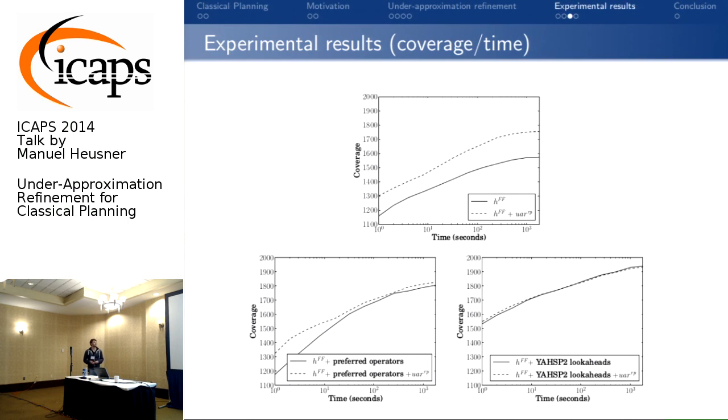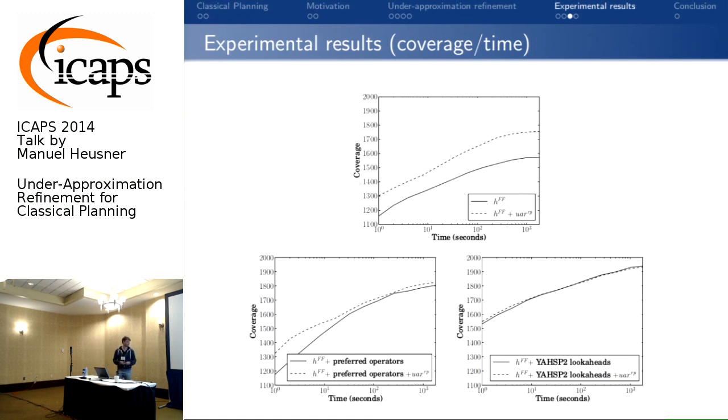Now I show you the plot where we see the coverages at specific time points. On the top we have the first instantiation. We see that even in the first second, the under-approximation refinement approach has a higher coverage.